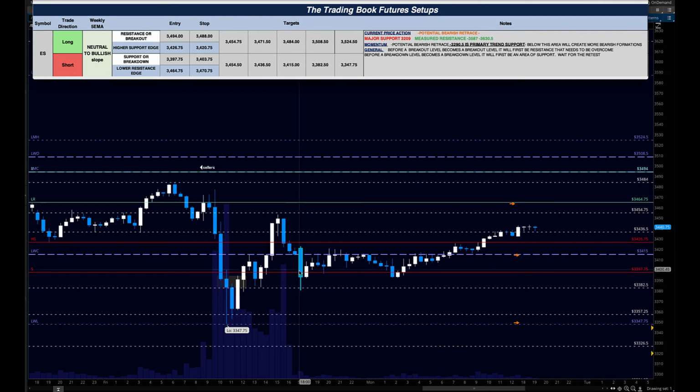So the question might be, what do I do here if I'm going to trade a short event from this edge? If I'm going to say, hey, listen, I'm going short at 33.97.75. Well, the first target that this gives us right here underneath this area is 33.82.